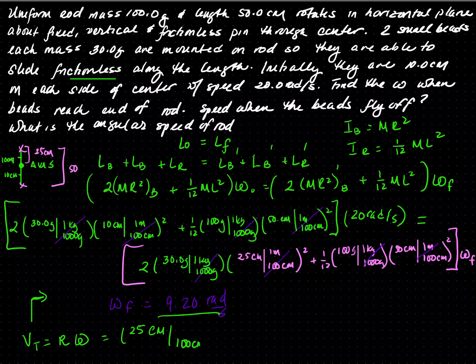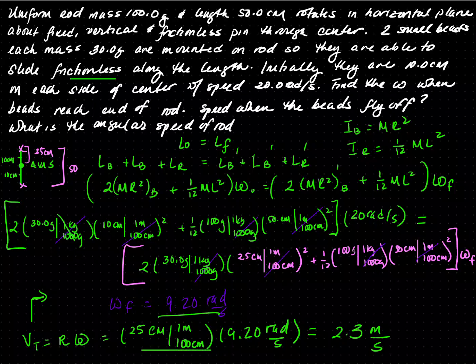So this is 1 meter per 100 centimeters times omega, which is 9.20 rads per second, equals 2.3 meters per second. So here we had to convert. Here you can convert, but if you notice, everything cancels out.